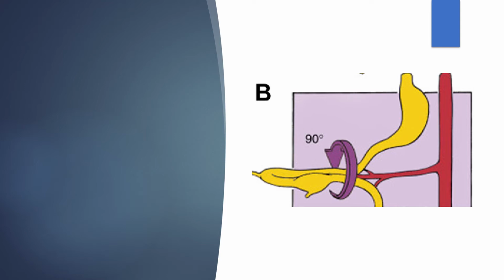This makes the caudal limb move upwards and towards the left. So this is the first stage of rotation.